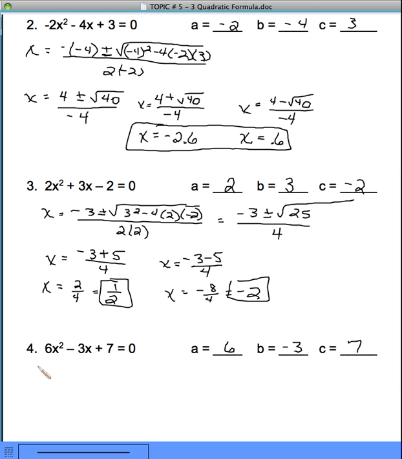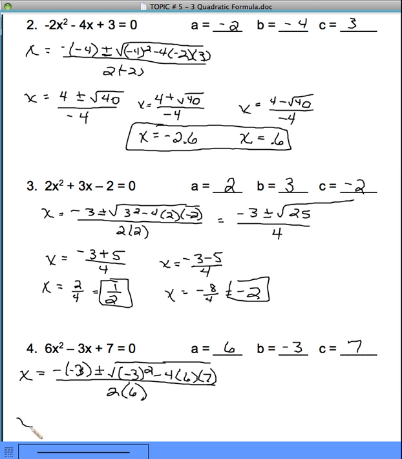So when we put that in the quadratic formula, we have x equals negative 3 plus or minus the square root of negative 3 squared minus 4 times 6 times 7, all of that over 2 times 6, which gives me 3 plus or minus the square root.